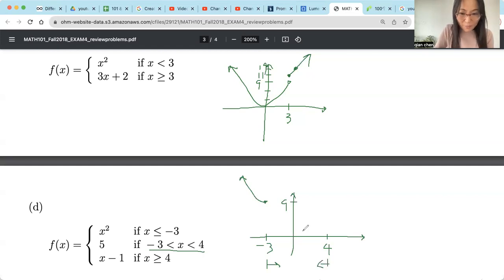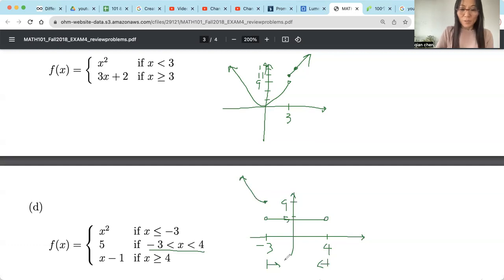That equals 5. So where's 5? Let's see, 5 is here. So starting from -3, but not including -3, I make an open circle up to 4, not including 4. I'm making an open circle on top of 4.